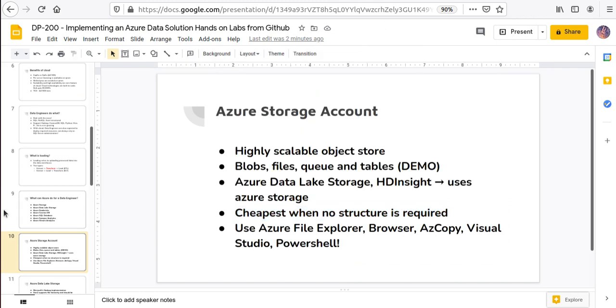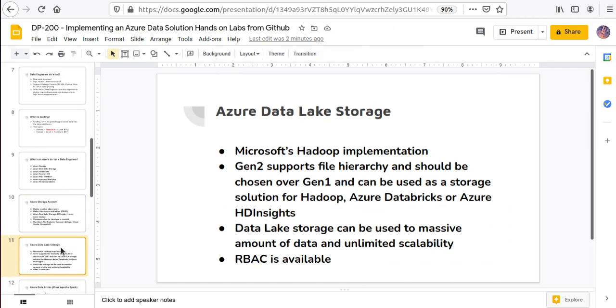All right, let's go to the next one, Azure Data Lake Storage. Azure Data Lake is Microsoft's Hadoop implementation. So if somebody asks you, hey, can Azure do Hadoop, you can say yes, the Hadoop equivalent is Data Lake Storage. There are two generations of Azure Data Lake Storage, generation 1 and generation 2, but now you should be thinking only about generation 2.